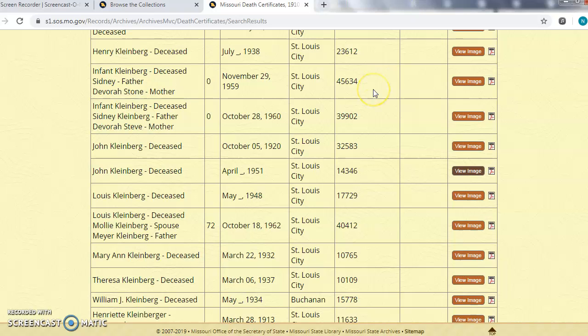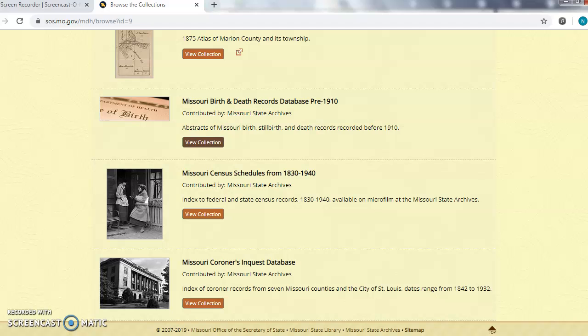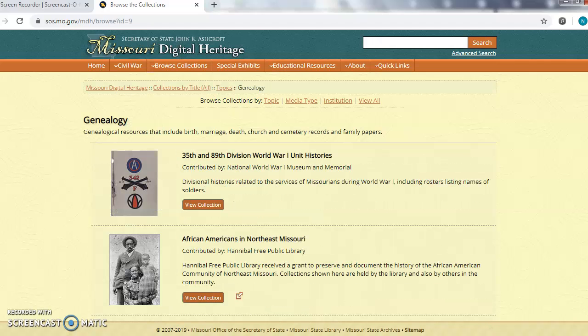One thing I want to stress about databases or any genealogical resources, once you find a resource, do not be afraid to explore everything that that resource has to offer.